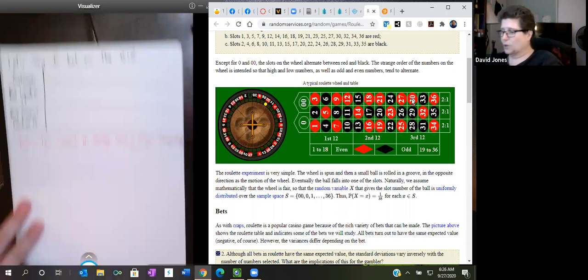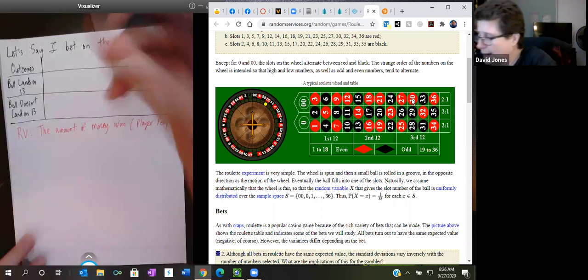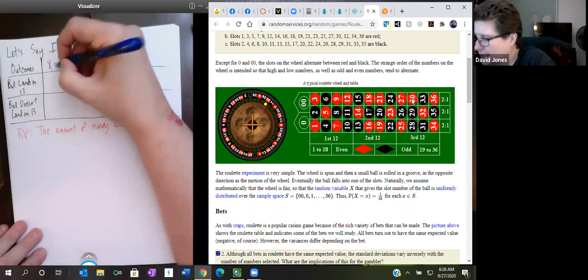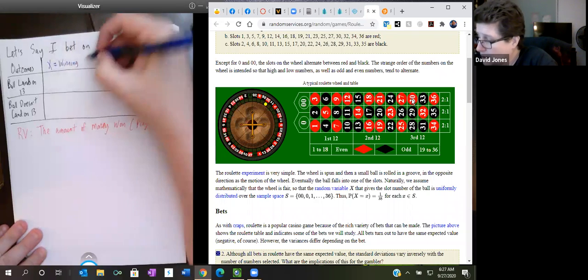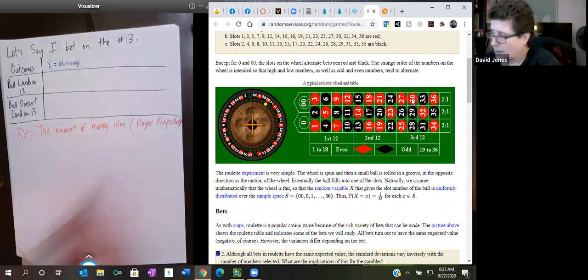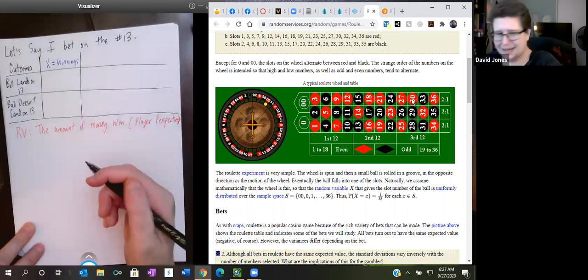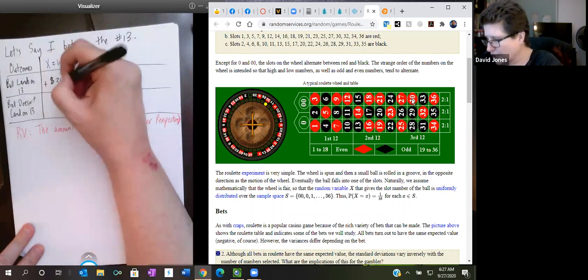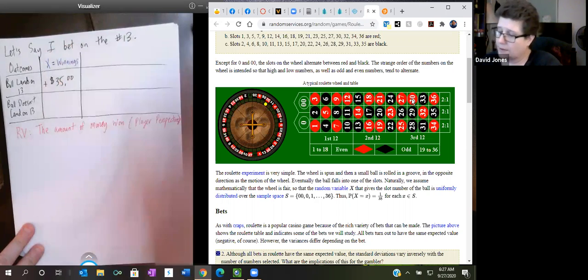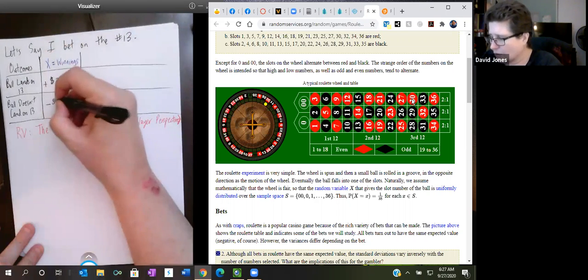So 35 to 1. My random variable is my winnings. If the ball lands on 13, I hit my number, I win a positive $35. If the ball doesn't land on 13, I lose the dollar I bet.